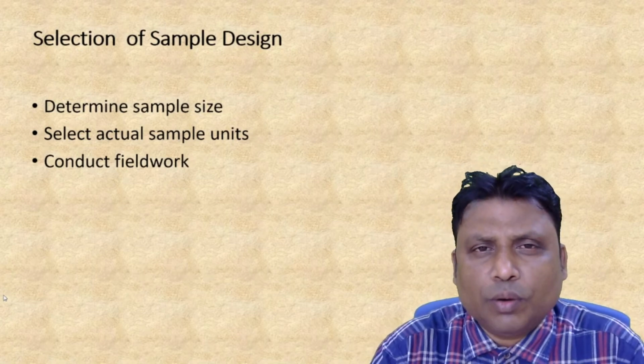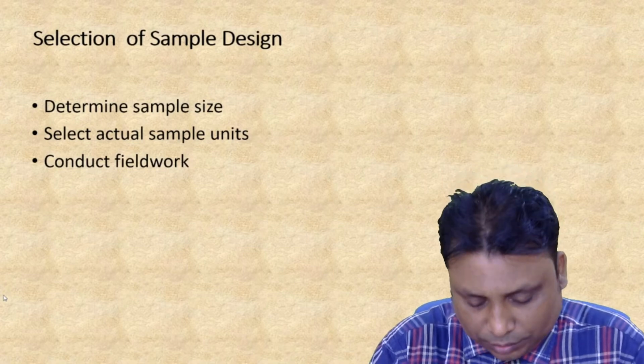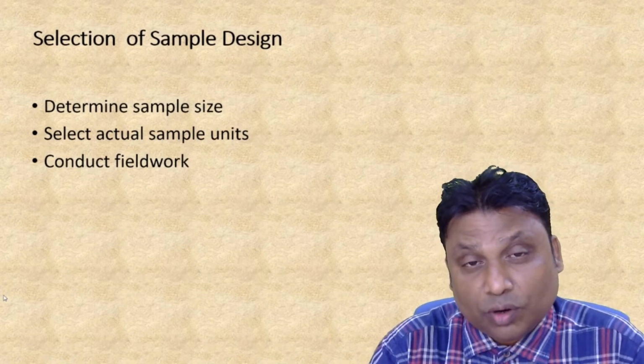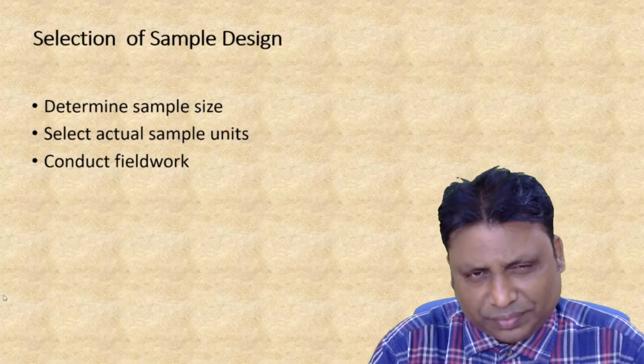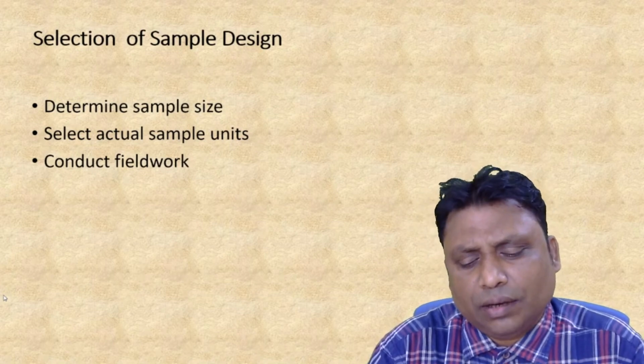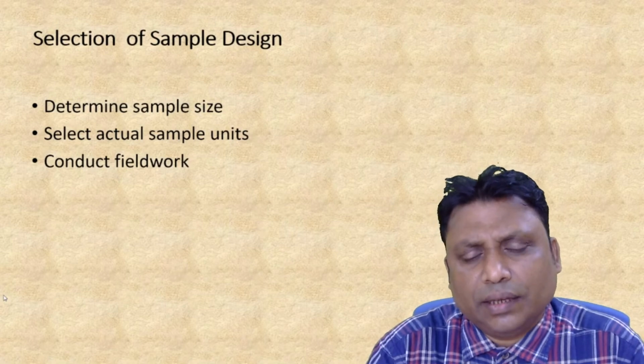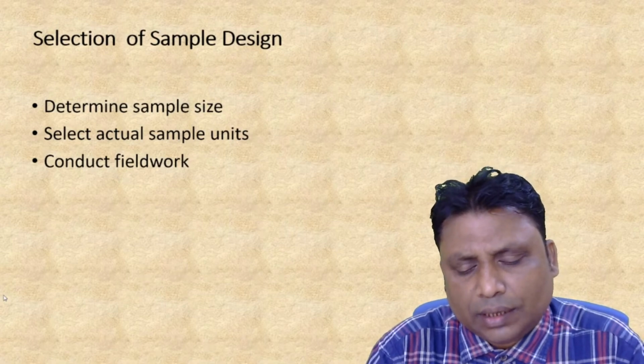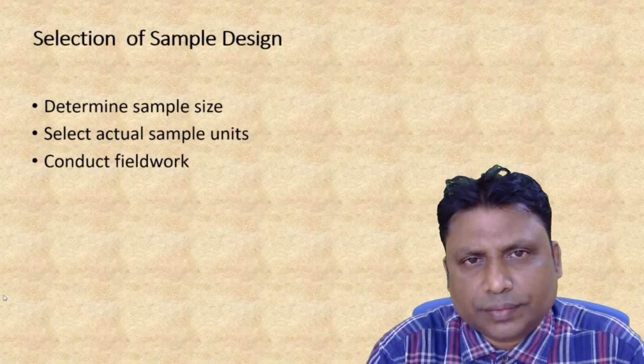So out of these, you have to collect 30 students. How can you collect the 30 students? Your sample is 30 students. Suppose your research design says we have to collect 30 samples out of 120 students.